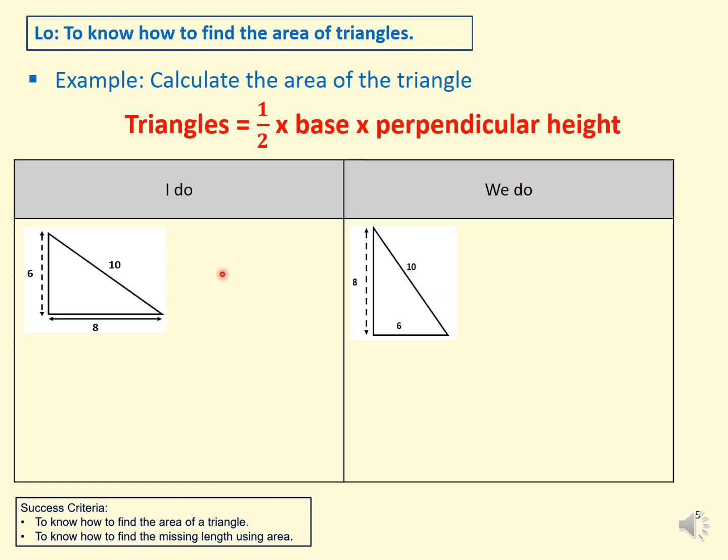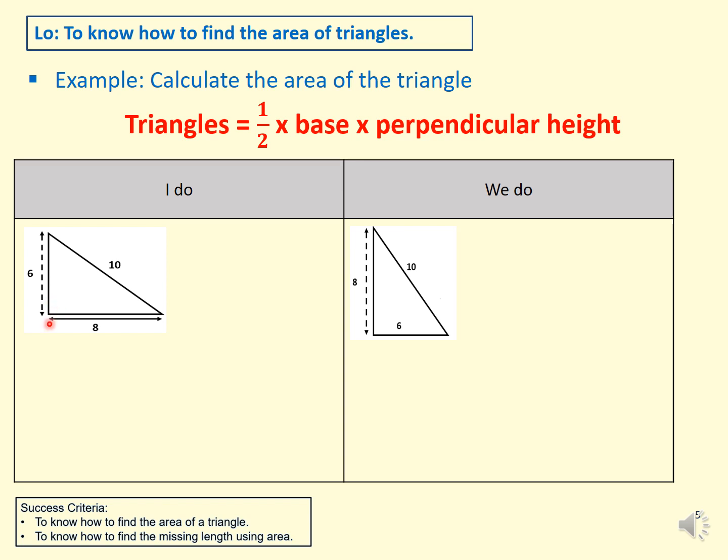So let's look at this one. In a formula, we said base and perpendicular height. If you remember, base and perpendicular height need to make the angle of 90 degrees, the right angle. So between these 3 numbers, it is only 6 and 8, these 2 lengths that make a right angle, make an angle of 90 degrees.